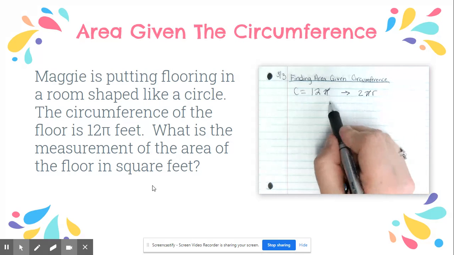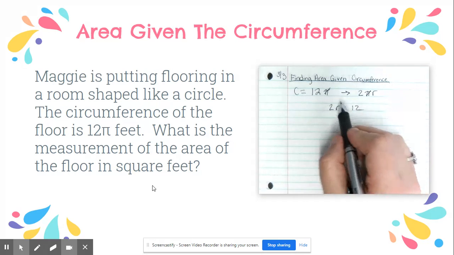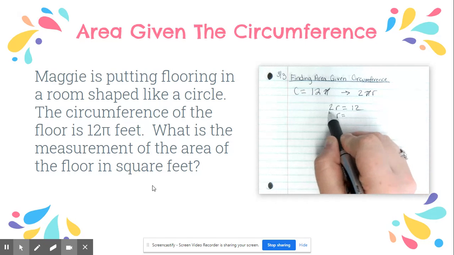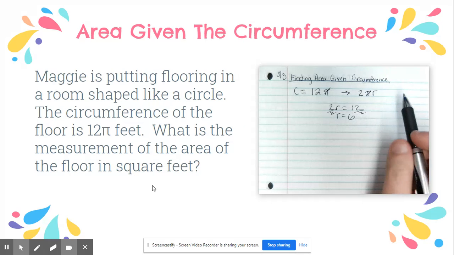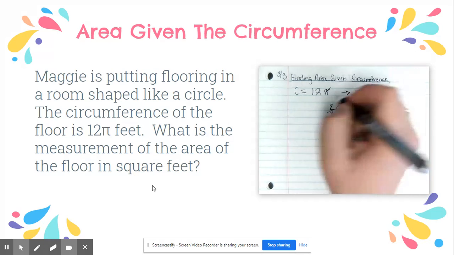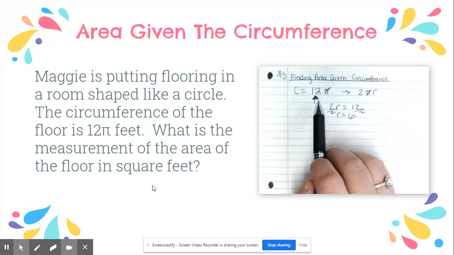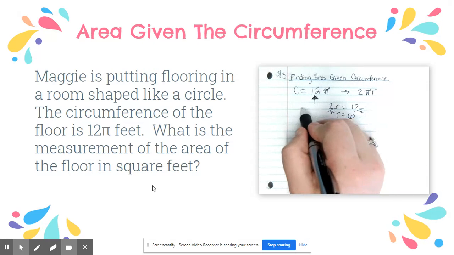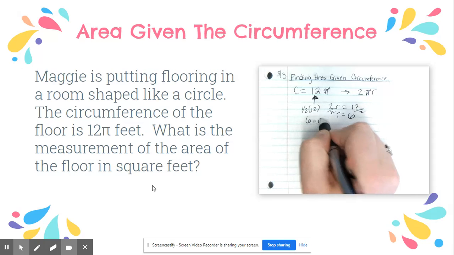I'm left with 2r equals 12, which means my radius, when I divide by 2, is going to be 6. So when you're given the circumference in terms of pi, all you need to do is take half of the number attached to the pi. Half of 12 is 6, and that gives me my radius, which is what I need.